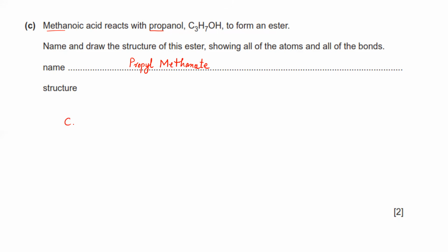So C3H7OH plus methanoic acid HCOOH. In the reaction, one byproduct is H2O. This is the alcohol and this is the acid.